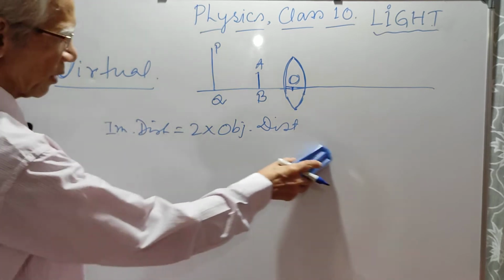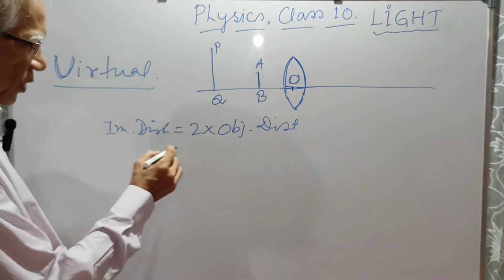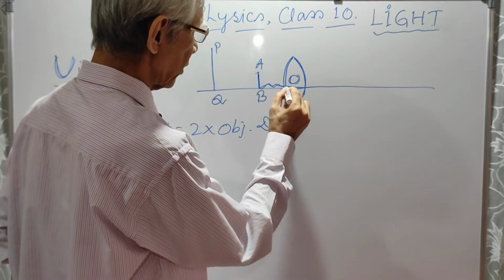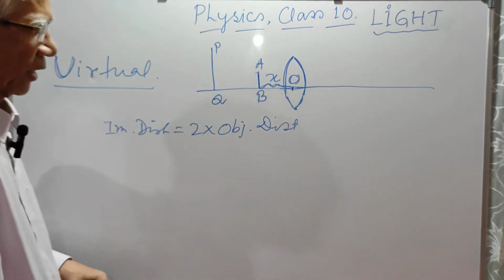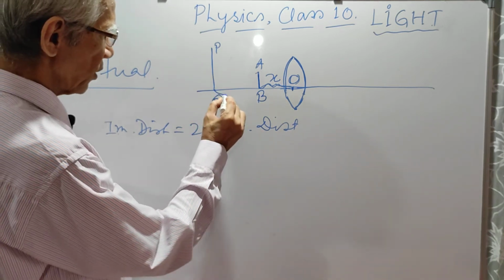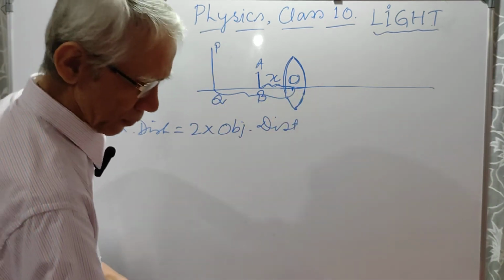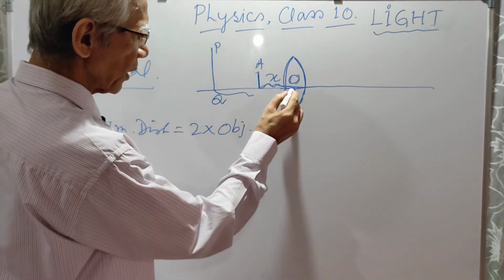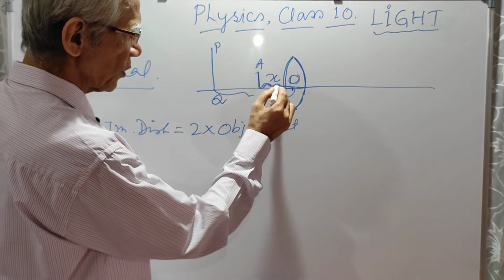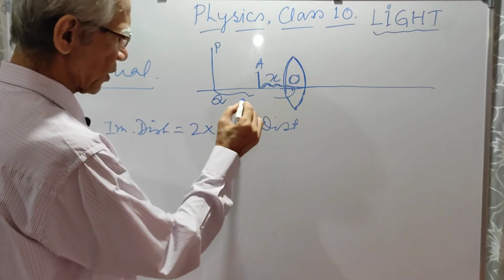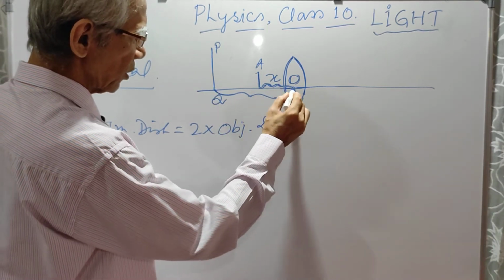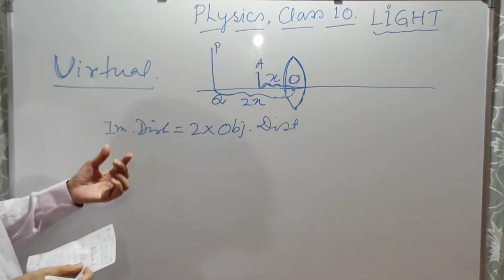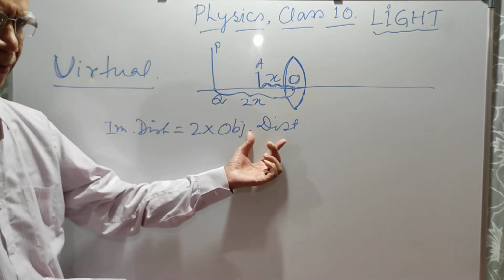Now let us take the object distance, this distance here, as x. Then, this is the optical center and this is the object, so this distance is object distance x. Now this is the optical center, this is the image, so this distance will be twice x, because image distance is 2 times the object distance.